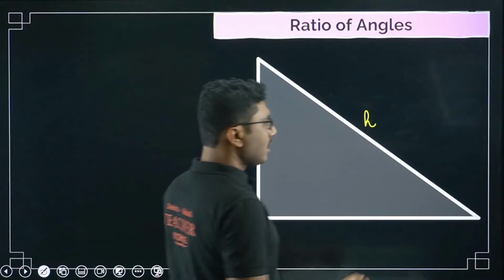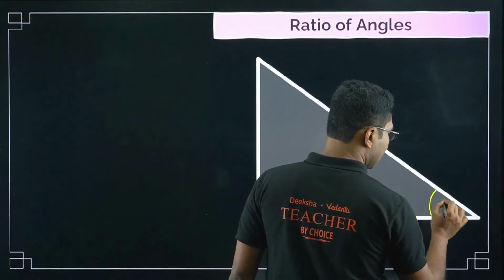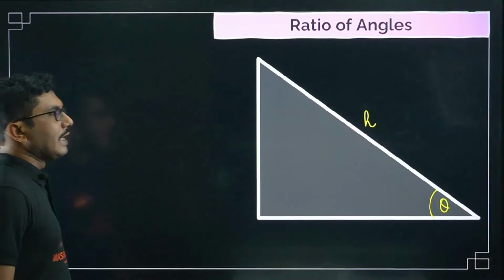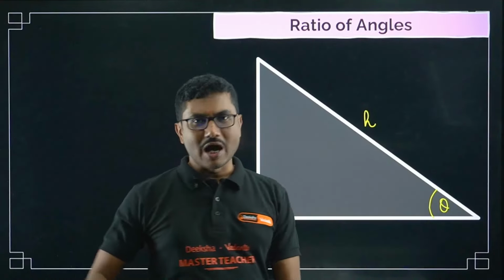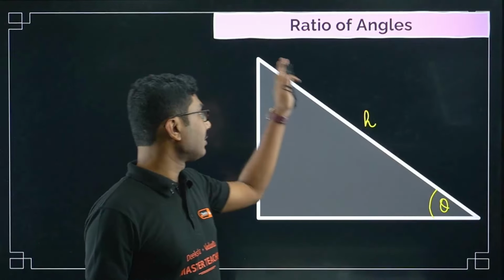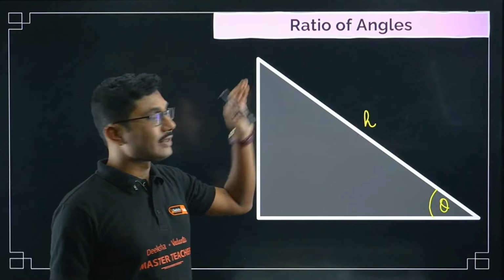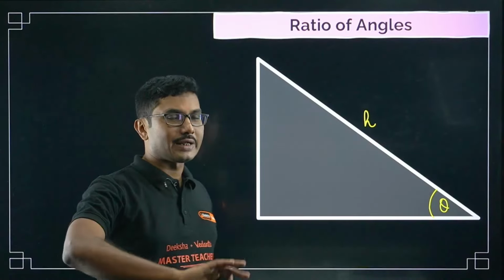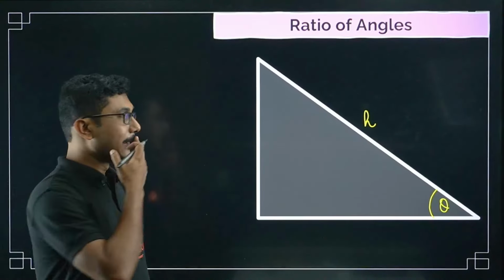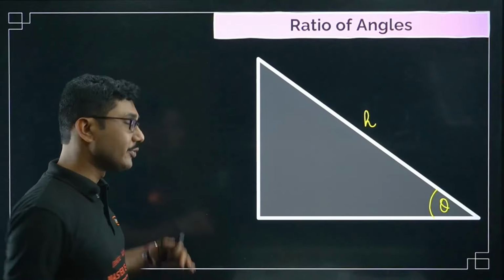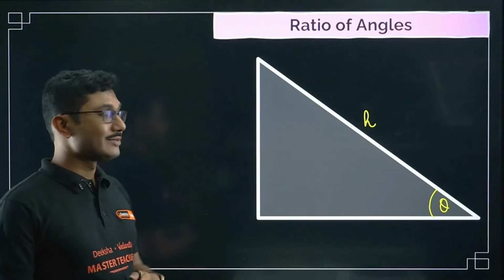Suppose we are considering this angle, and we are saying this angle is theta. You have to consider one angle, either this angle or the other angle. And even if you are considering this angle, you can find the values for the other angle as well. For that there is a trick. We will teach that at the end of this trigonometry session.